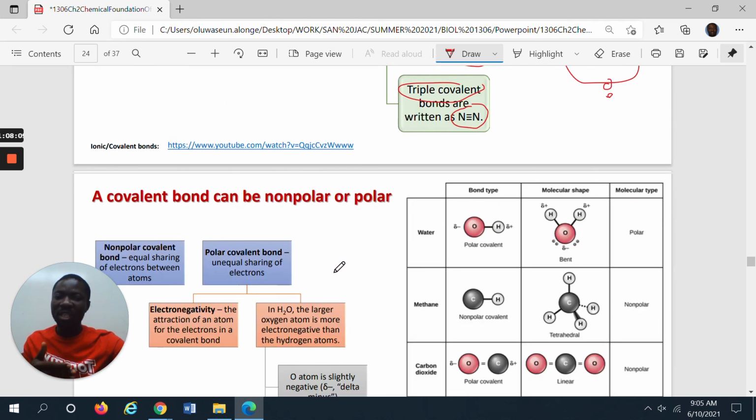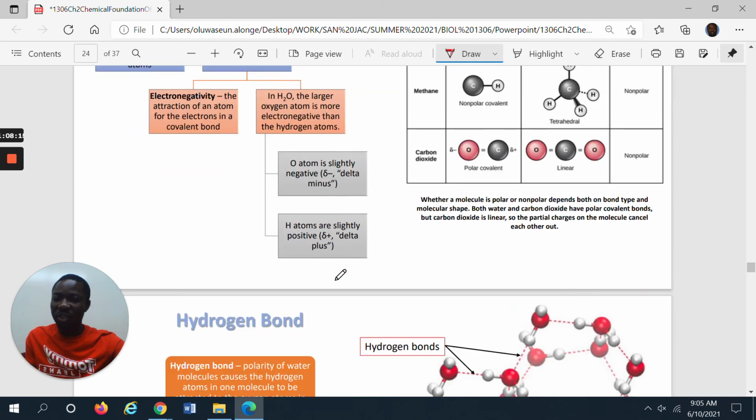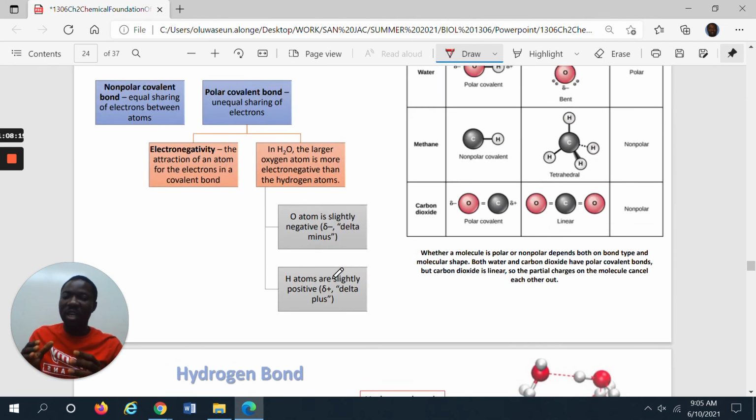Now, there is a kind of bond, still covalent bond, but it's not equal sharing. They are sharing, but one of them is attracting the electron more than the other.